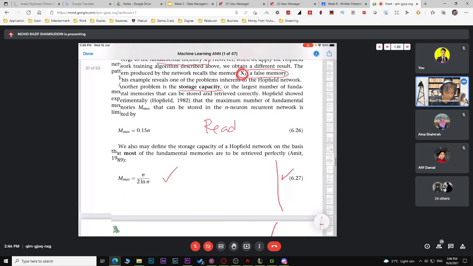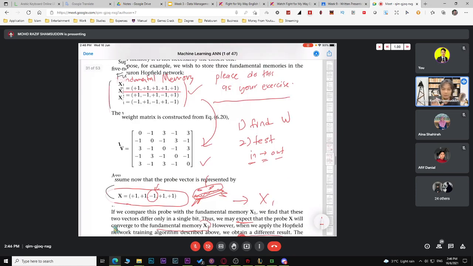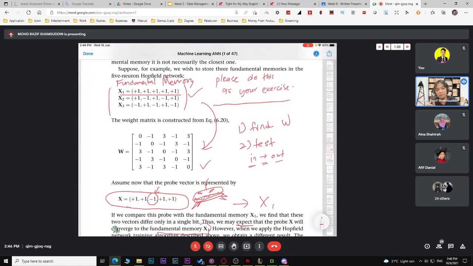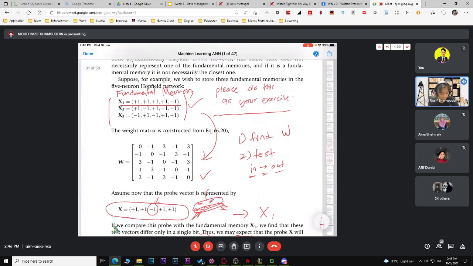Those two values are the ones that we want to memorize. This is the second example, where the fundamental memories, the stable states, number 3. This is what it wants to memorize.